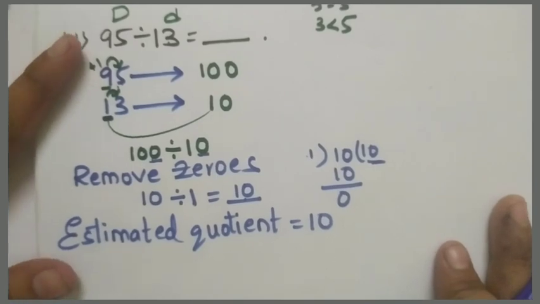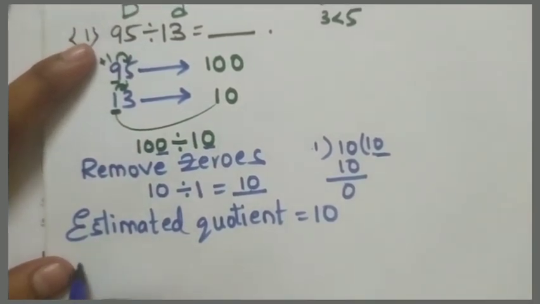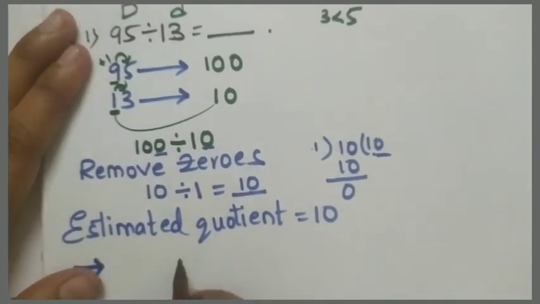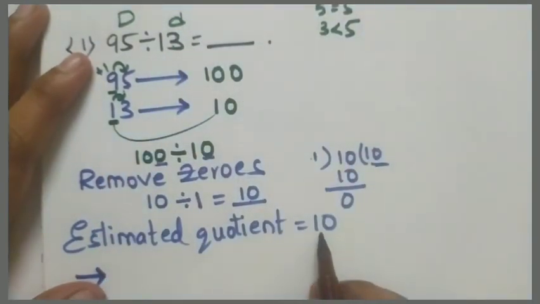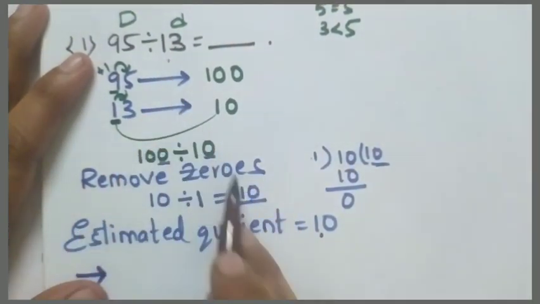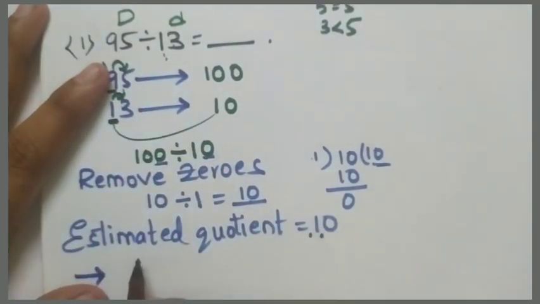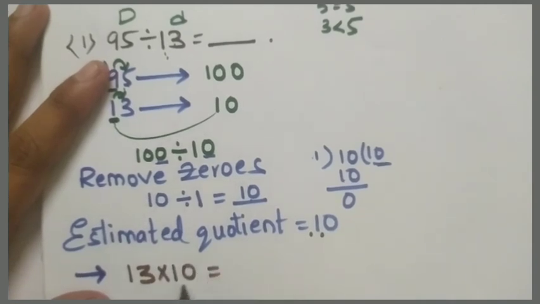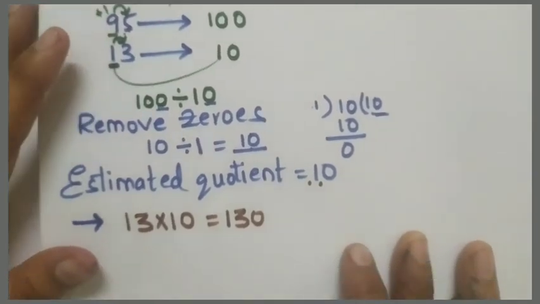Now we have to find the actual quotient. For that we will do step 2. We have to multiply this divisor with the estimated quotient. 13 into 10. 13 tens are 130.